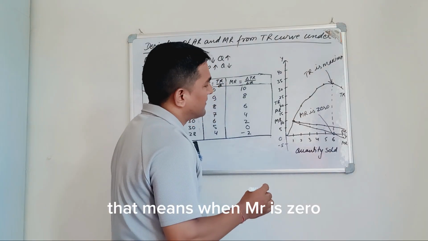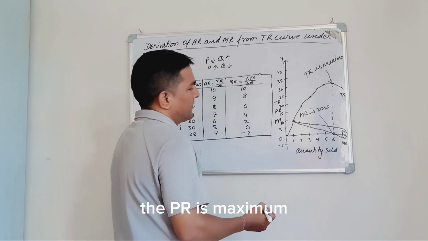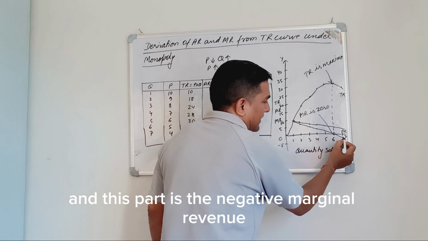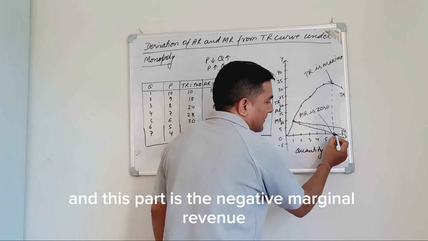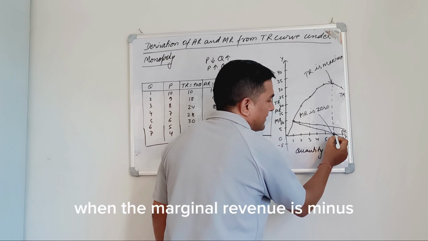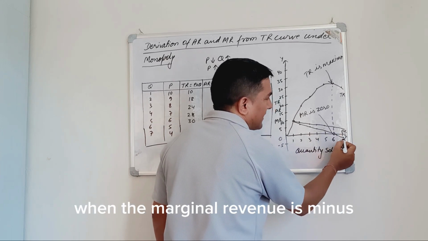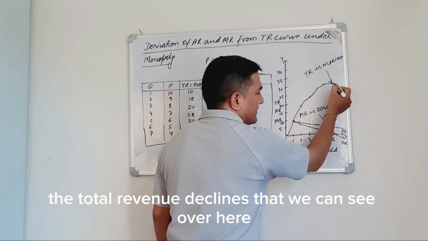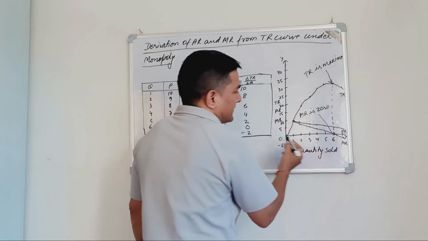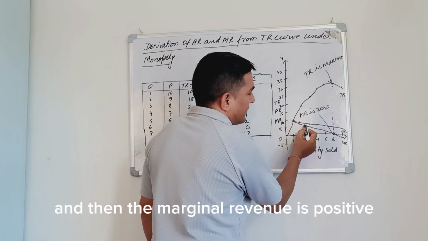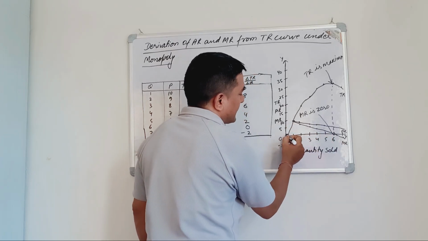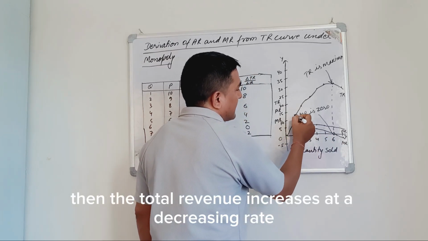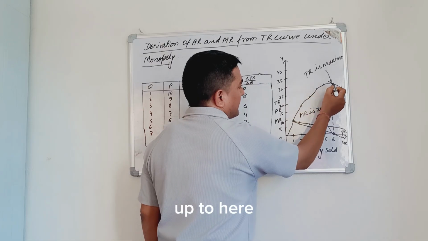That means when MR is 0, the TR is maximum, and this part is the negative marginal revenue. When the marginal revenue is negative, the total revenue declines. That we can see over here. And when the marginal revenue is positive, then the total revenue increases at a decreasing rate up to here.